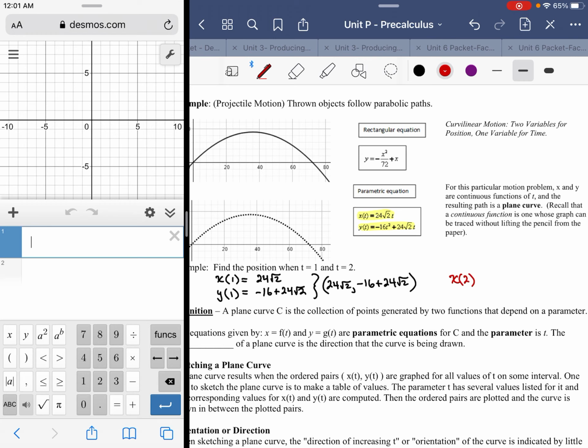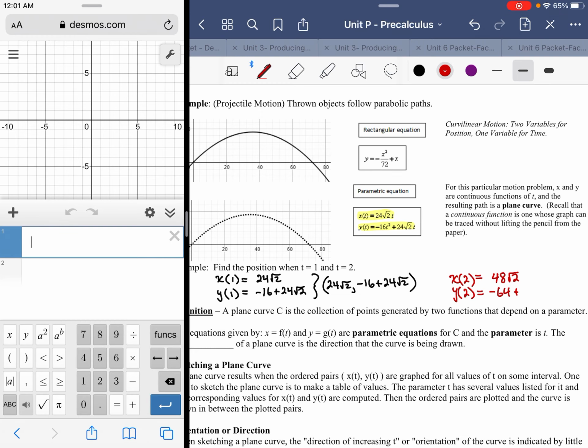Now, if I want to evaluate it when t is equal to 2, same idea, but you can see how this could get very tedious and also complicated depending on the type of function you're working with. So if I plug in a 2, we're looking at 48 radical 2.